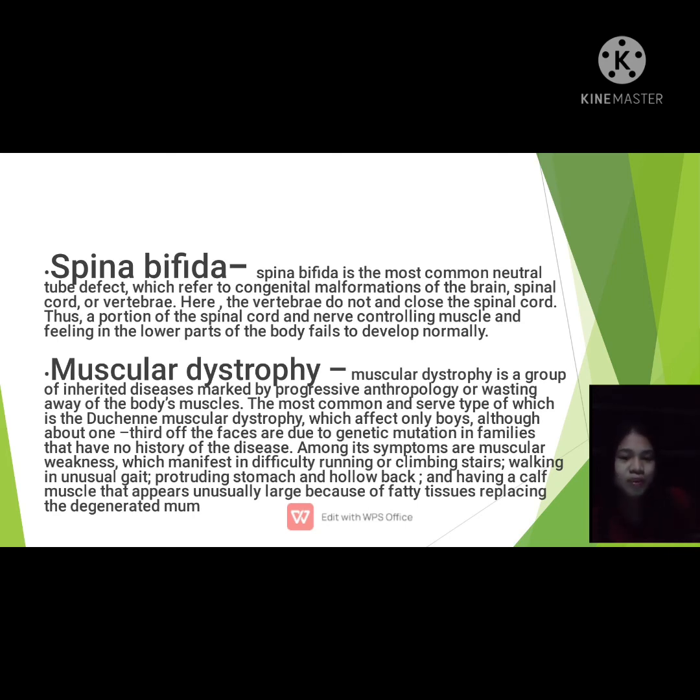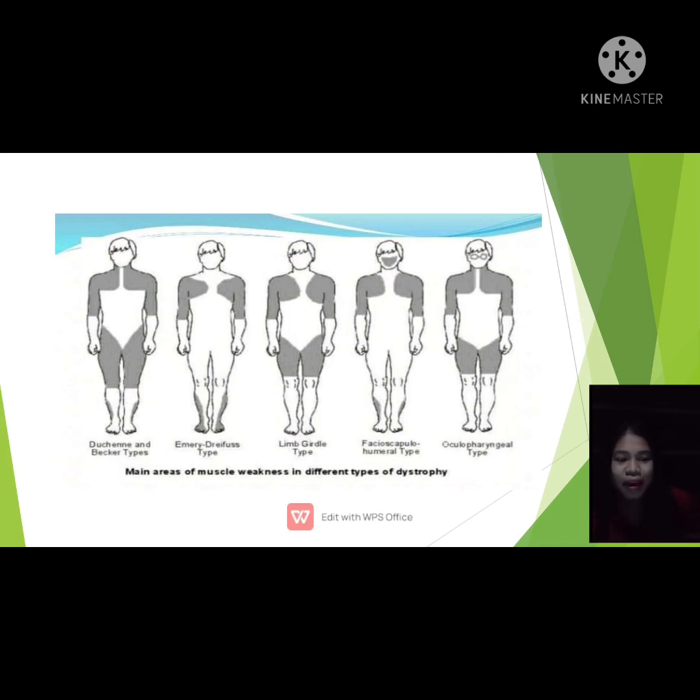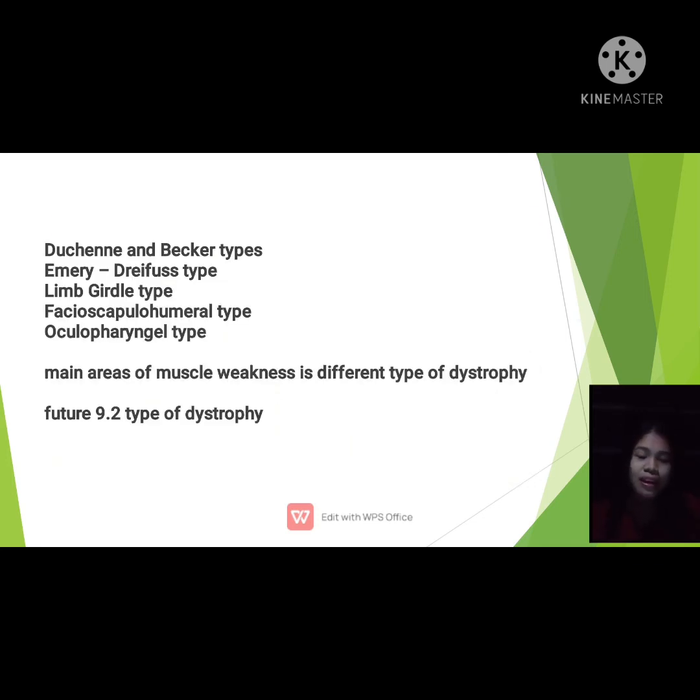Yan. So, dito naman tayo sa main areas of muscle weakness in different types of dystrophy. Okay, so, dito tayo sa Duchenne and Becker types. Two related conditions that primarily affect skeletal muscles, which are used for movement, and heart muscle. These forms of muscular dystrophy occur almost exclusively in males.